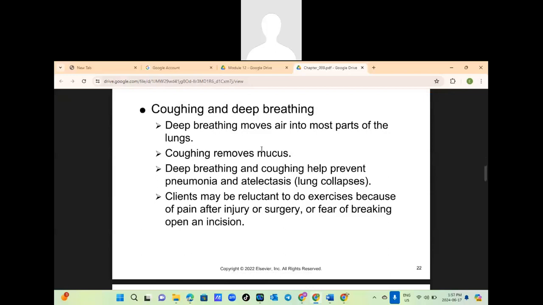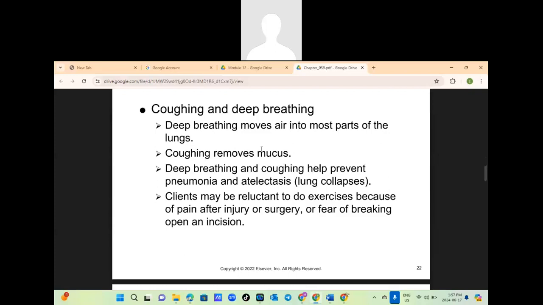I think deficient or insufficient knowledge due to fear or due to lack of experience about surgery. Remember in module 7.